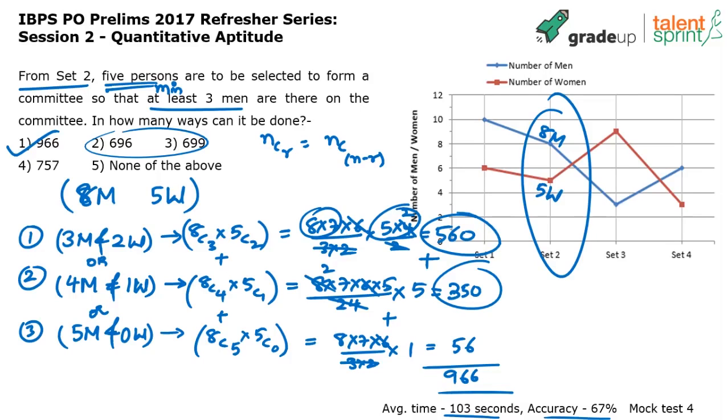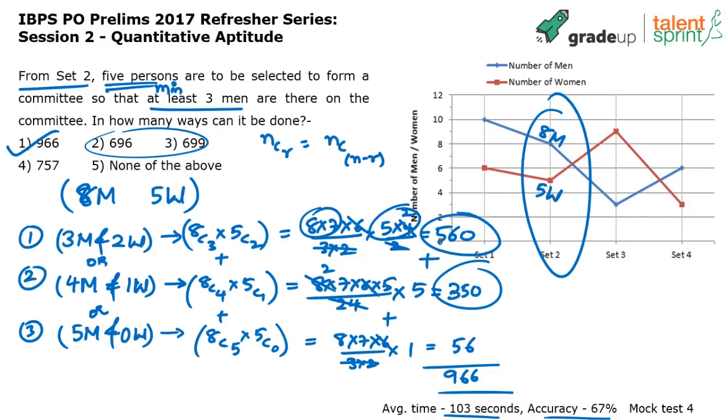Check the calculation once again. First of all, the concept has to be clear. Yeah, 560 plus 350 plus 56. Sorry, I got stuck here in the middle because I assumed that most of you would be correct.